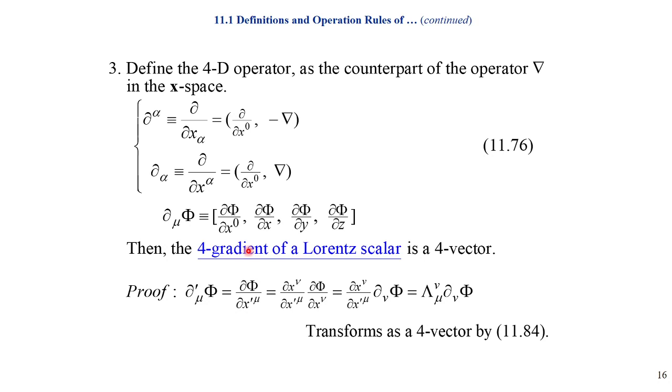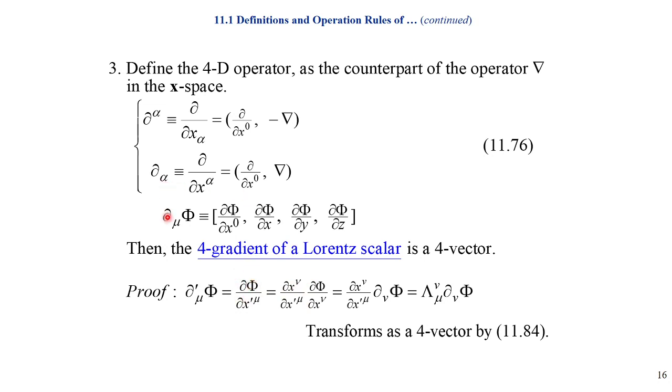But remember, if it is a four vector, then it should transform in the same form as the Lorentz transformation. So we just show partial mu prime phi, where phi is a Lorentz scalar and this is the prime system. If we can show this transforms in the same way as the Lorentz transformation, then it is a four vector. Okay, so how to do that?